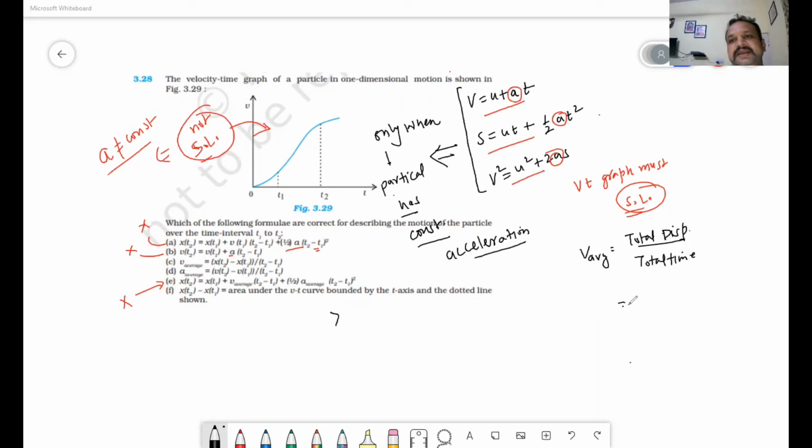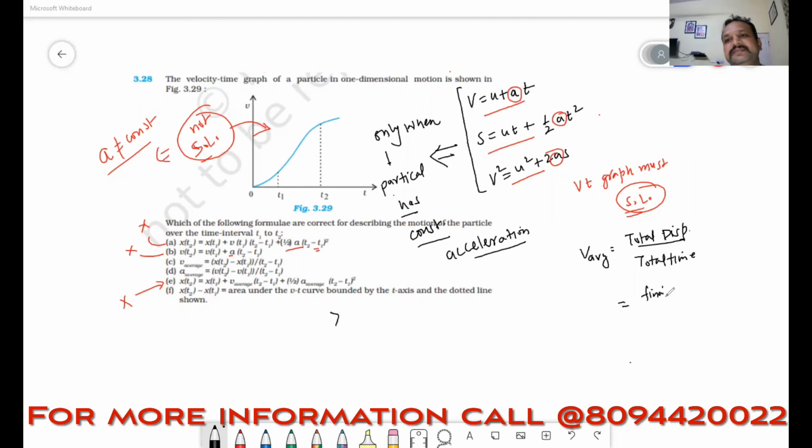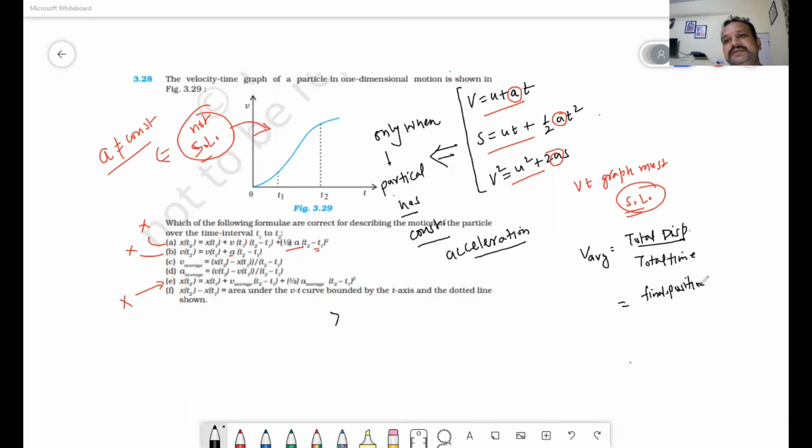Total displacement is nothing but final position minus initial position, divided by total time, and total time is nothing but t2 minus t1.